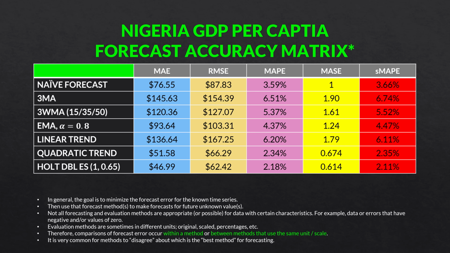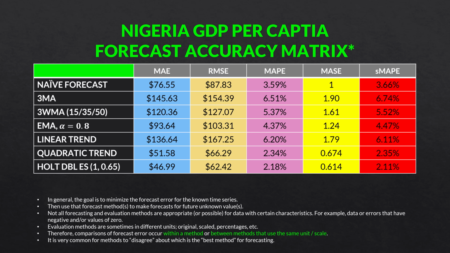The mean absolute percentage error, or the MAPE, is 2.18%. Again, that is the best. The SMAPE is 2.11%. Again, the best, but close to quadratic. And finally, we have a MAISE of 0.614. Remember, the MAISE is a comparison to the naive forecast. That's why the naive forecast has a MAISE of 1. So for Holt, a MAISE of 0.614 means 2 things.